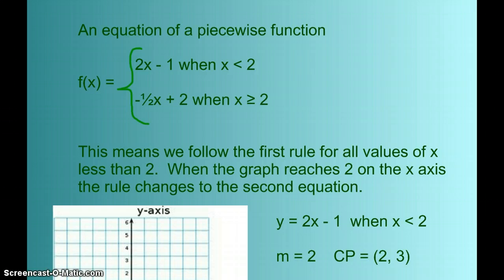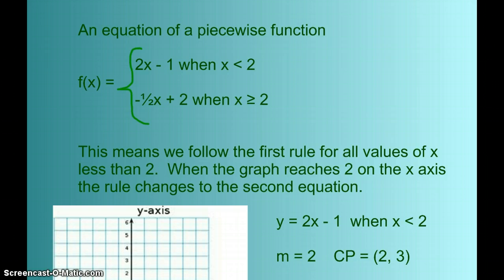So here, our example is f of x equals 2x minus 1 when x is less than 2. That's our first rule. That's where our plan is going to start, from negative infinity until x equals positive 2. We're going to follow the pattern f of x equals 2x minus 1.